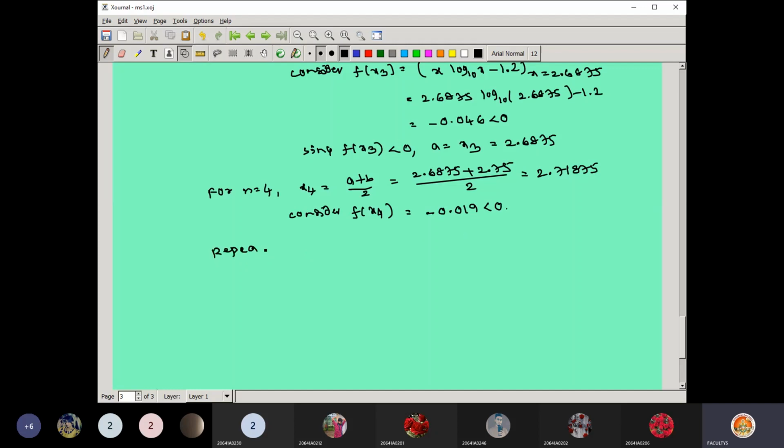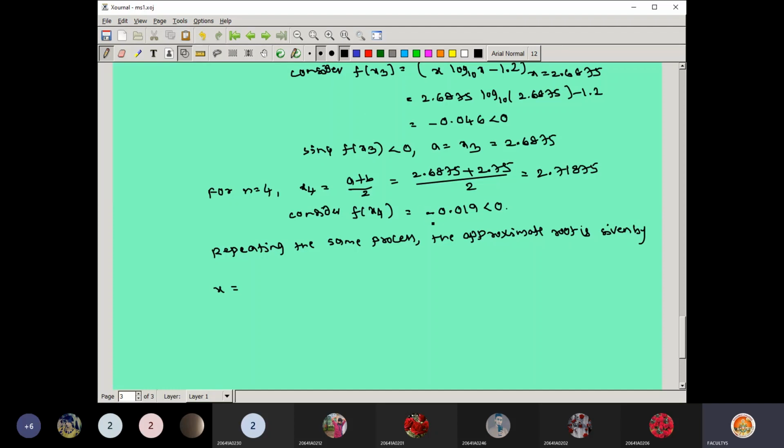So repeating, what is our main target? The function should become 0. So repeating the same process, the approximate root is given by: just write down the x values, write down all your available approximate roots and take the average.